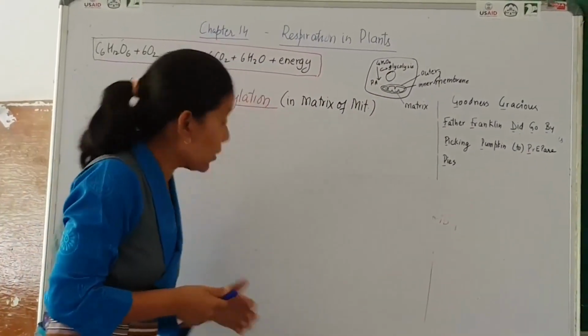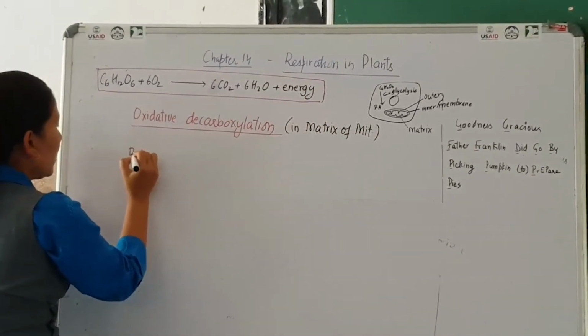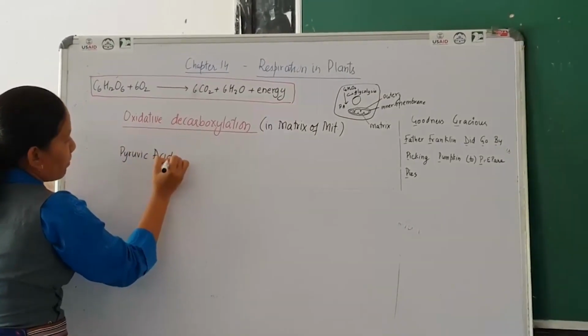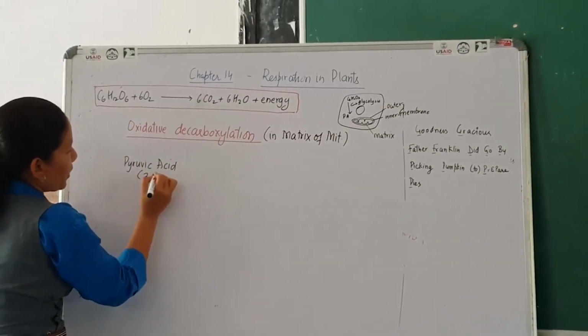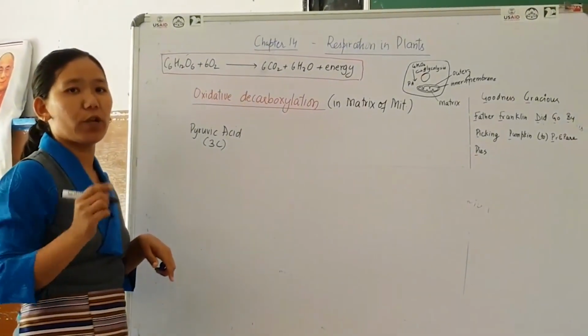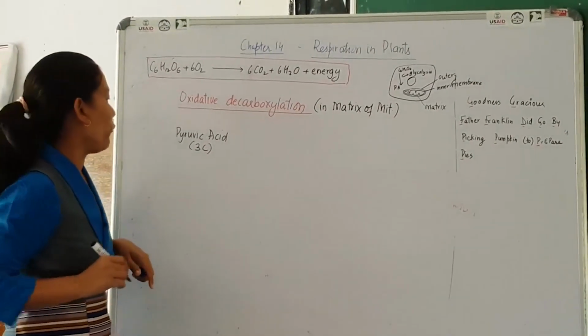Okay, so let's say here in the matrix pyruvic acid is there. Now this pyruvic acid is a 3 carbon compound, and actually there are 2 pyruvic acid from 1 glucose. You have to keep in mind 1 glucose produces 2 pyruvic acid.